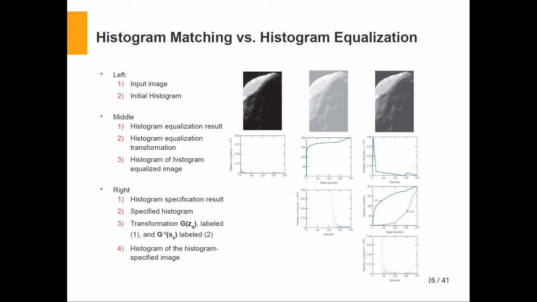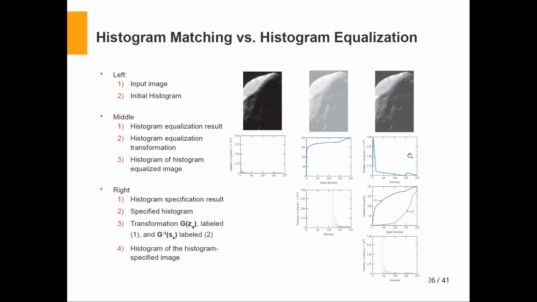On the other hand, on the right we see the result of histogram matching. When we look at the original image, we notice that the details in the bright regions are very visible, but the details inside the very dark region are not.